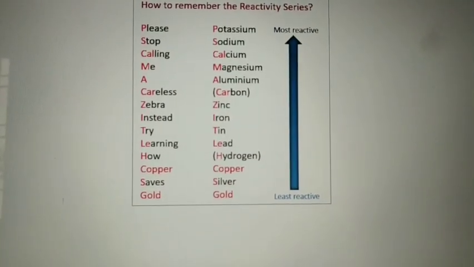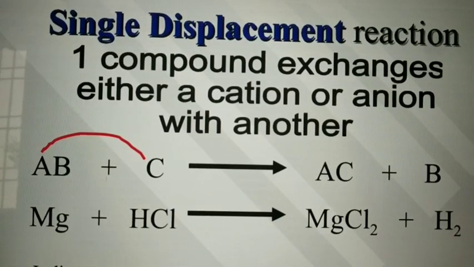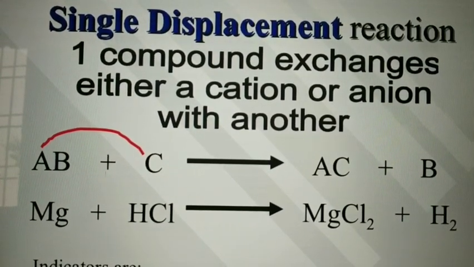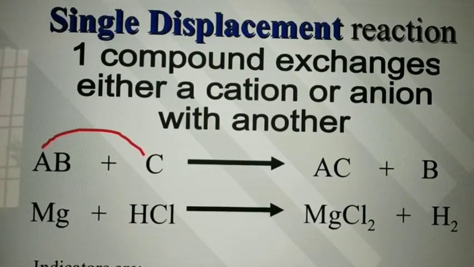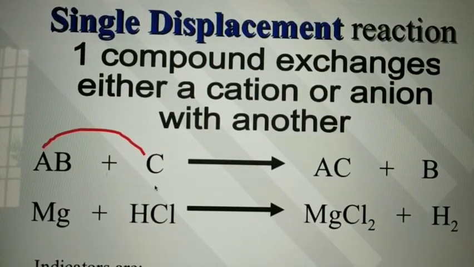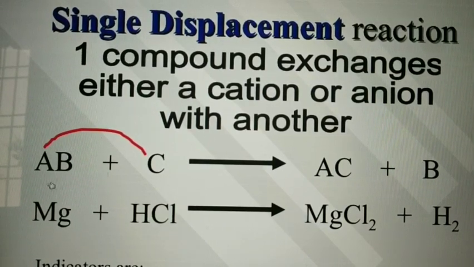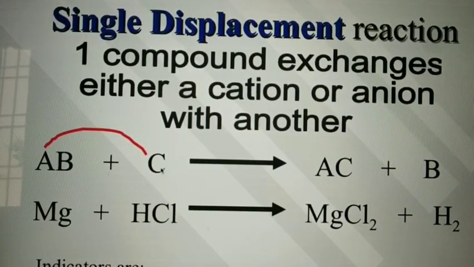Okay, so now what happened? Now in this, I'm going to show you how a particular element is going to displace an element from a compound. So basically here, if C is more reactive than A, then only it is going to displace A from AB.